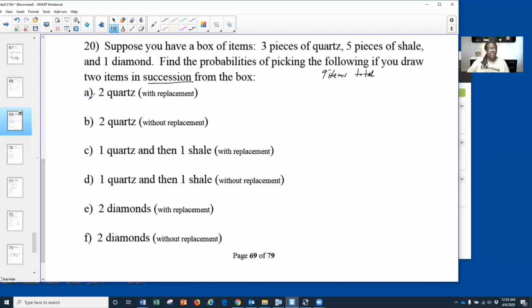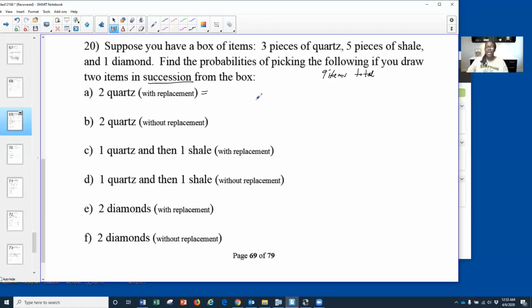So it says, what's the probability that we'll get 2 quartz with replacement? So we jiggle the bag, we reach in, pull out a quartz, we put it back, jiggle the bag again, reach in, and get a quartz the second time. Okay, that's what we're doing. And sometimes you got to visualize. So here we are, probability of us getting a quartz the first time.